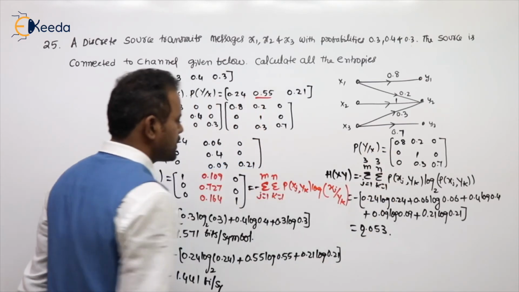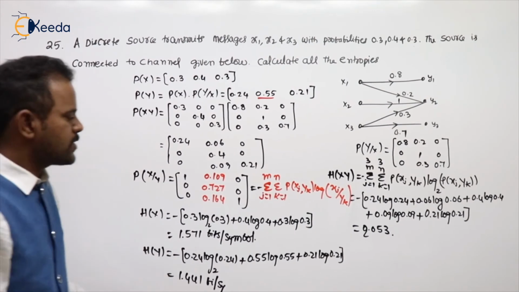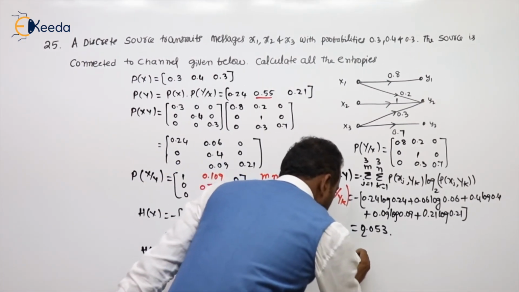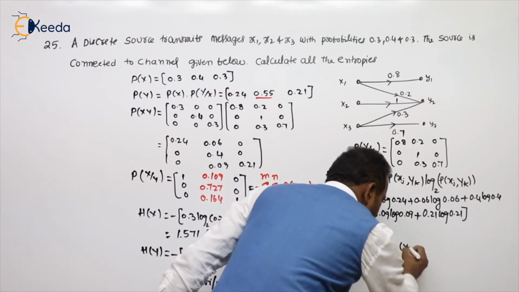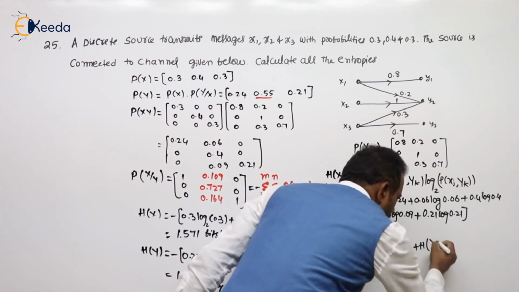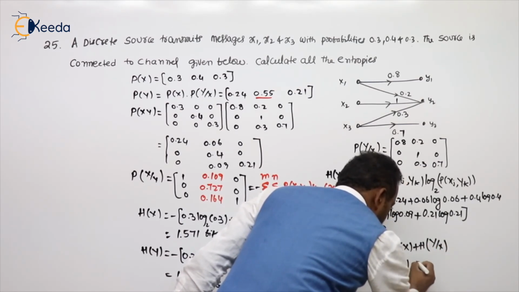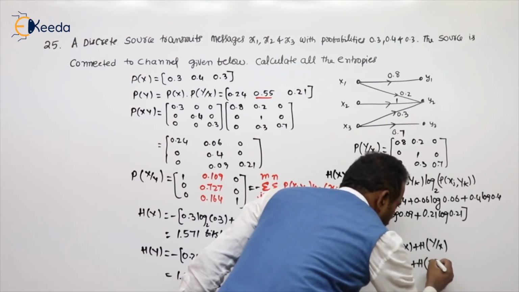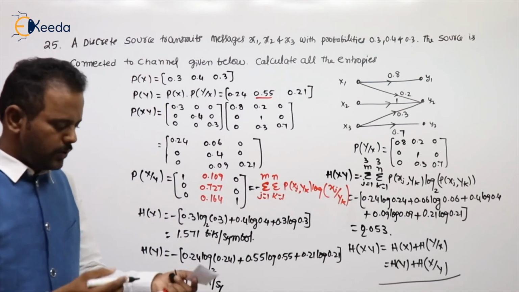Or here also in a similar manner you can write all the possibilities. Otherwise, we already know the relation H of xy equals H of x plus H of y by x, or H of y plus H of x by y. From here also you can calculate both.